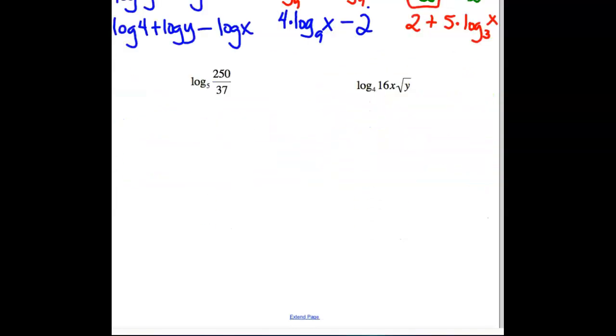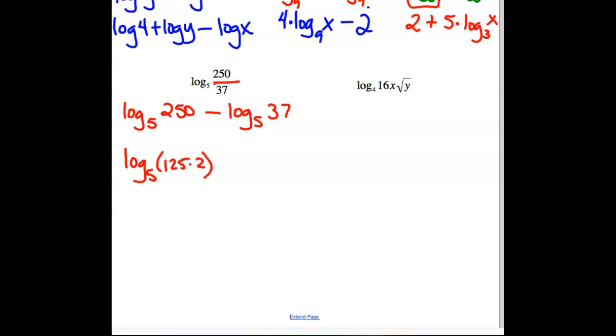All right, for the next example, we have log base 5 of 250 divided by 37. So I'm going to split up the division here, separate this into log base 5 of 250 minus log base 5 of 37. Now 250 is not a power of 5, but it does have a power of 5 as a factor. So if we think of this 250 as just 125 times 2, we can actually simplify this down a little bit more. Because now we have a product here that we can separate into addition.